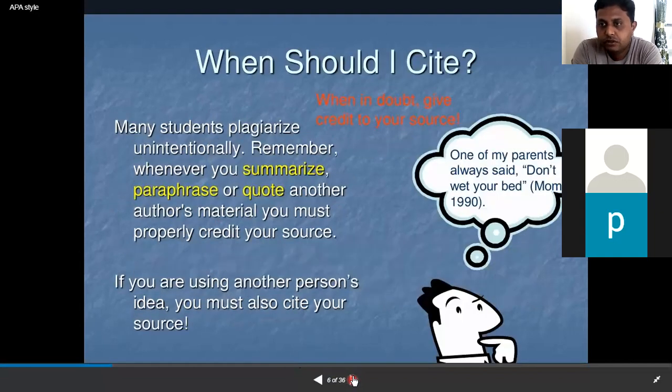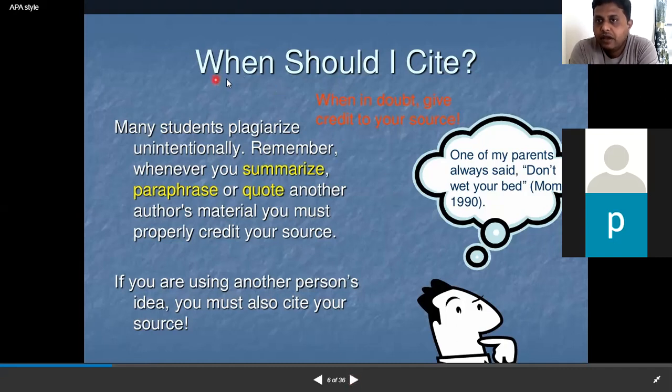We went through this information: when should I cite, right? The thing is that when the student is copying some sentence, some paragraph, or even some photograph, at that time we must acknowledge, we must mention the source, right?